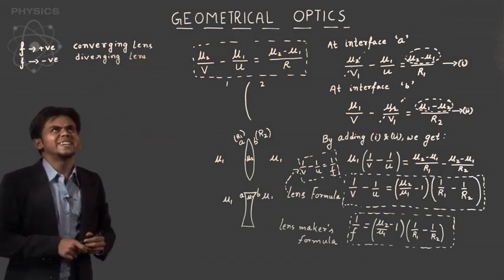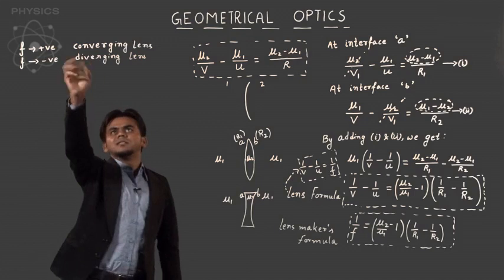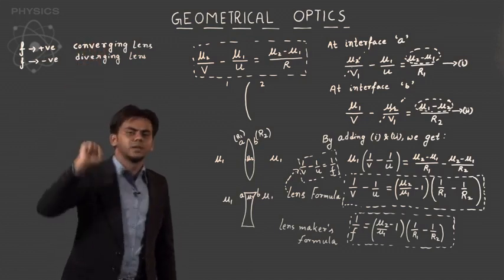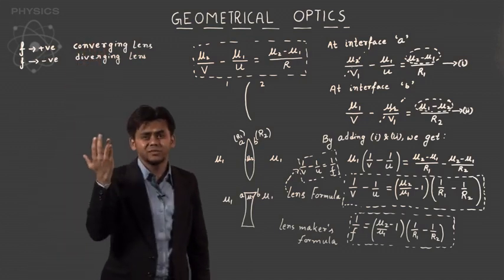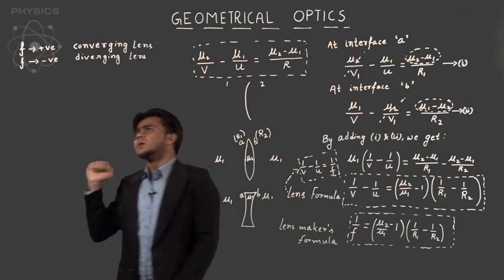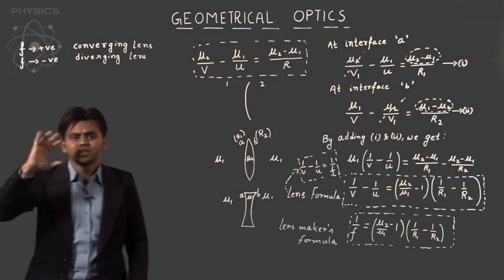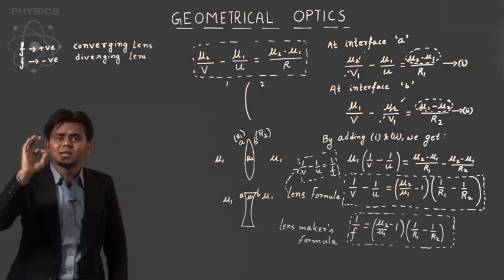See, I tend to write my R either in this way or this way. Don't be bothered by that. That's a very rudimentary thing. So f negative is a diverging lens thing and f positive is a converging lens thing.